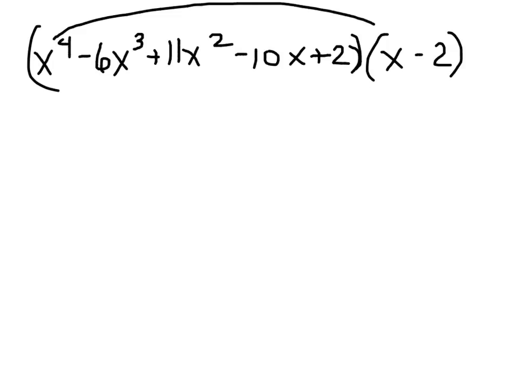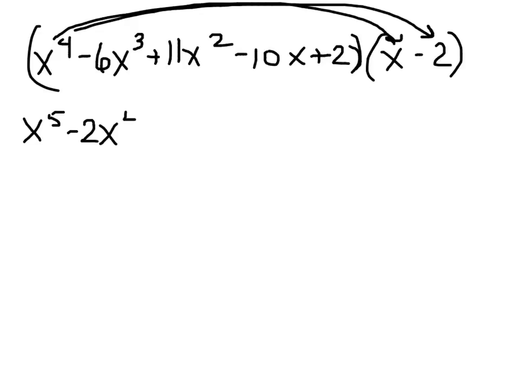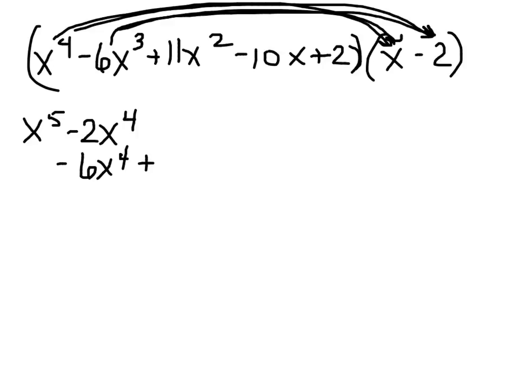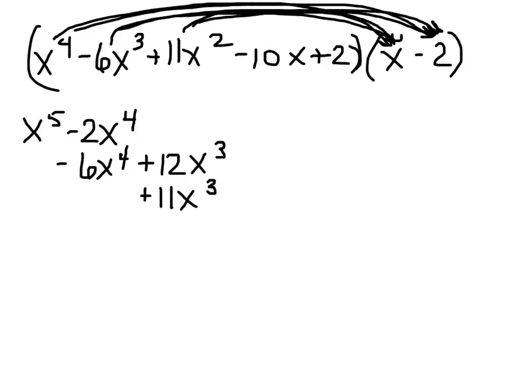X to the fourth times 1x. X to the fifth. X to the fourth times negative 2. Negative 6x to the third times x. Negative 6x to the third times negative 2. 11x squared times x. 11x squared times negative 2.